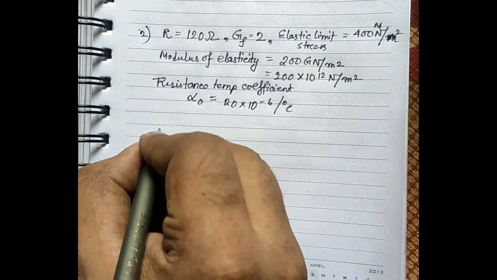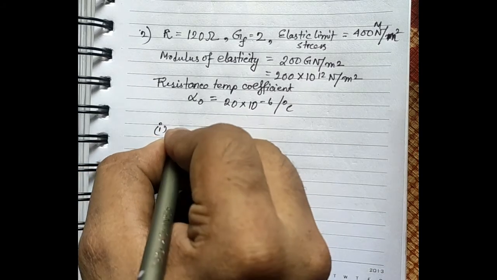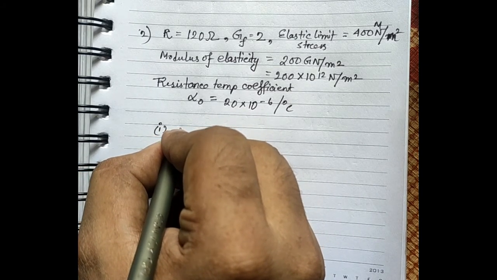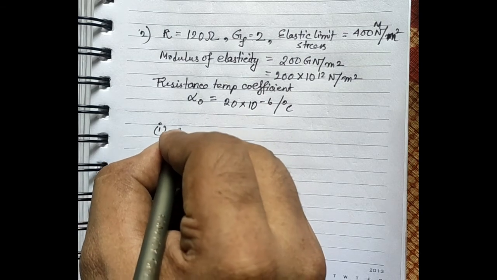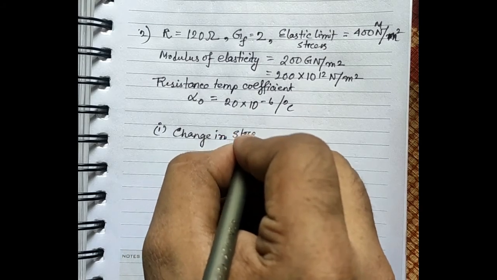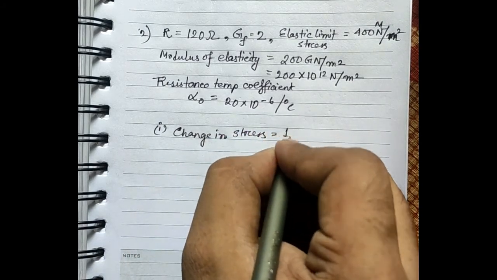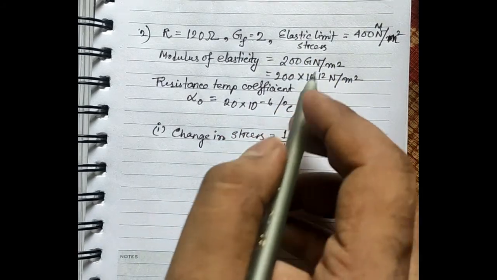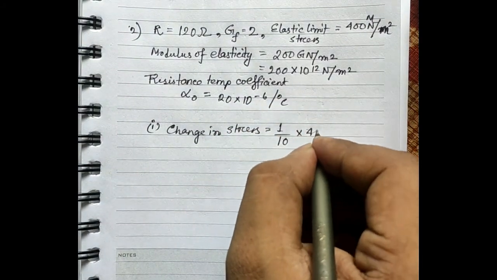In number one case, it has been given that there is a change in stress equal to 1/10 of the elastic range. So the change in stress will be 1/10 into the elastic limit stress. So that is 400.